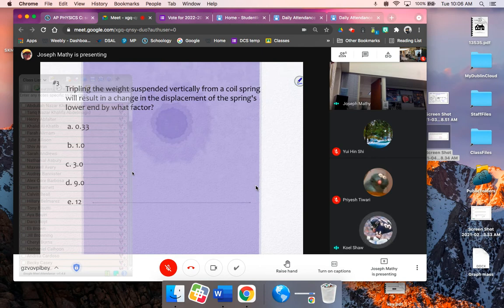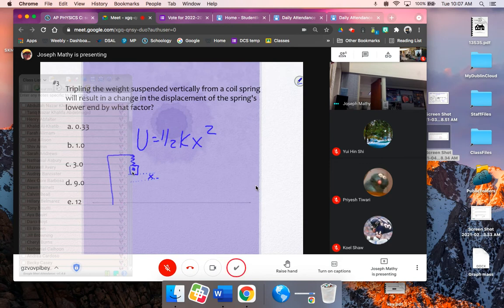Probably U equals 1/2 kx squared. Now, I love the fact that you just have the energy equation memorized. That makes me super happy. So, if I'm painting this picture of a spring that's just sitting here with a mass, once we put it on the spring, this mass gives us a distance x.